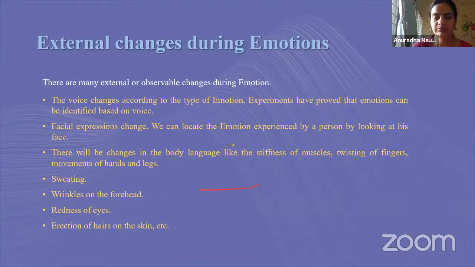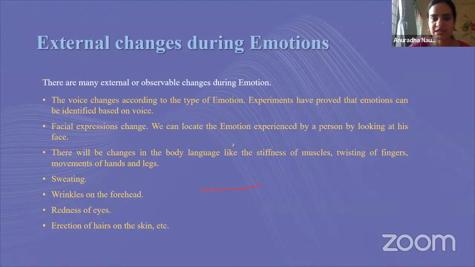We face many emotions in our daily lives, and it is not something that we can run away from. So it is very important that we recognize what the different changes are that happen while we are experiencing an emotion. So the voice changes according to the type of emotions. Experiments have proved that emotions can be identified based on voice. So right now, if my voice is quivering, that means maybe I'm nervous to say it out loud.